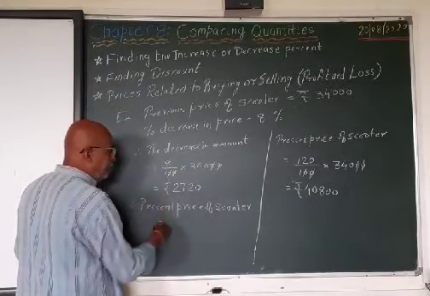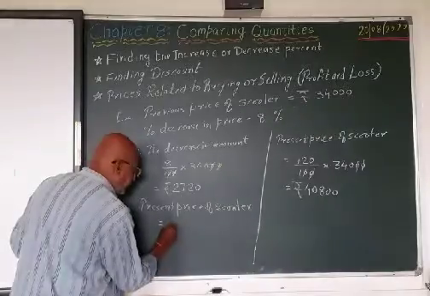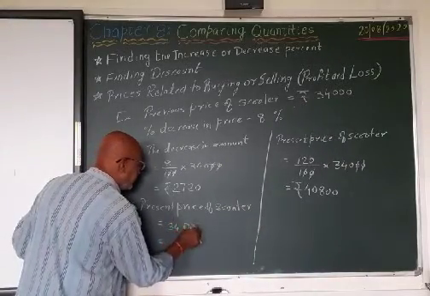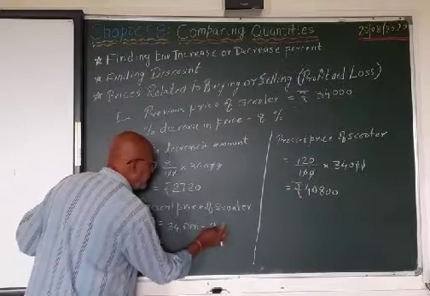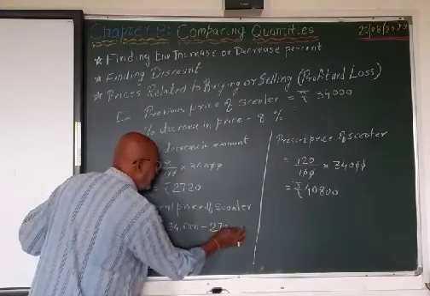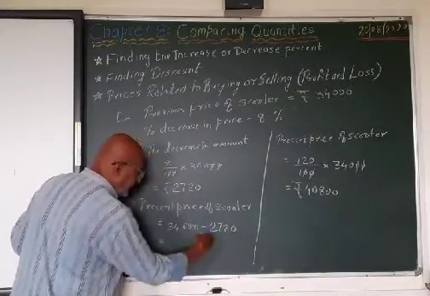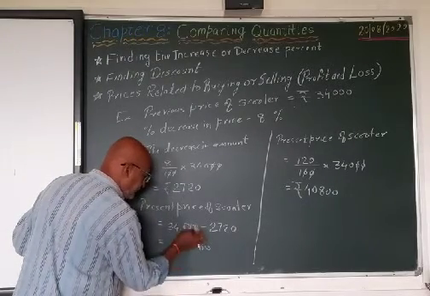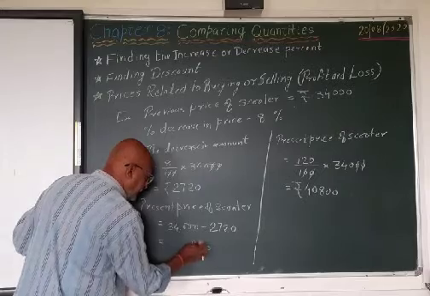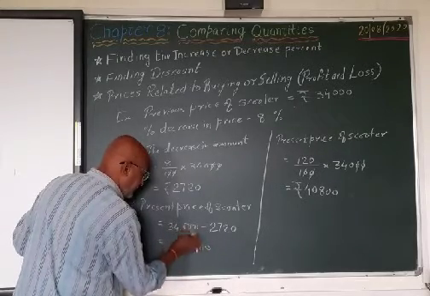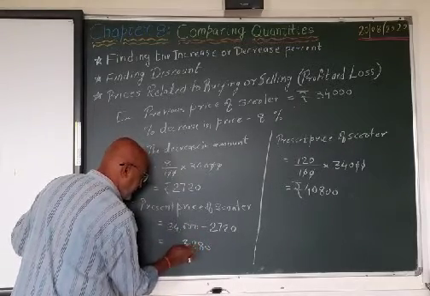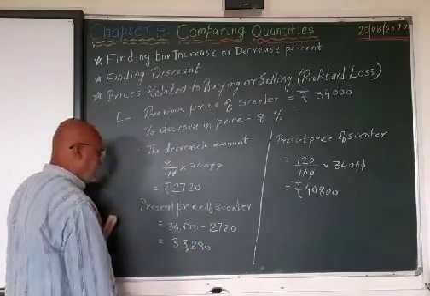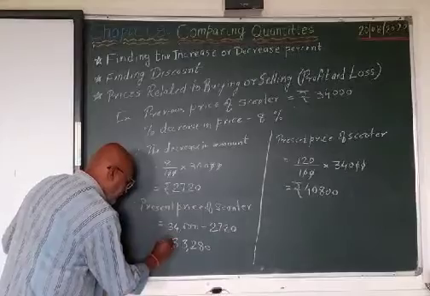Now this is decreased, so we have to subtract. So it will be 34,000 minus 2,720. You will get 33,280 rupees.